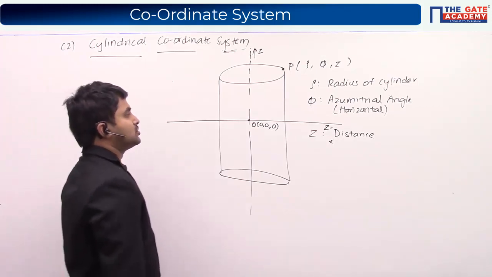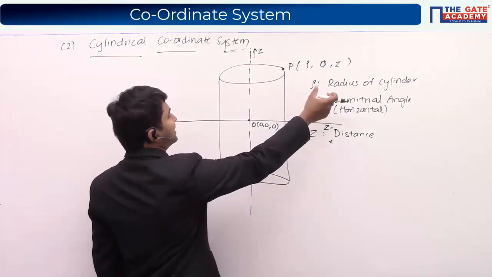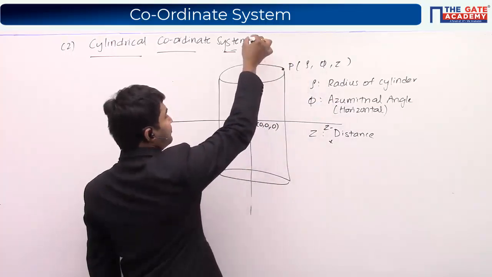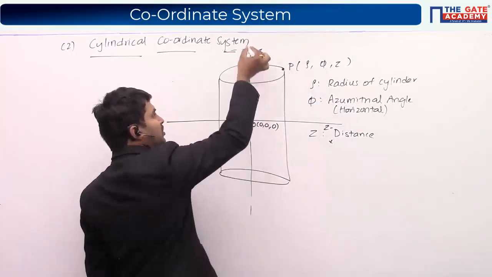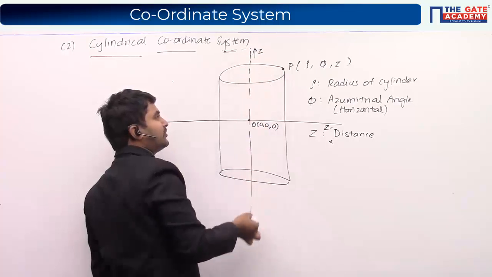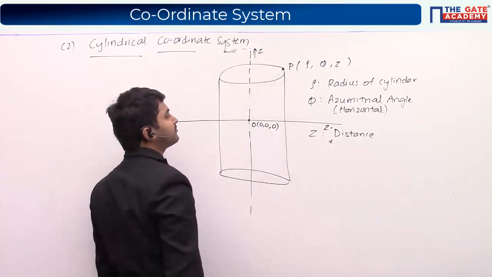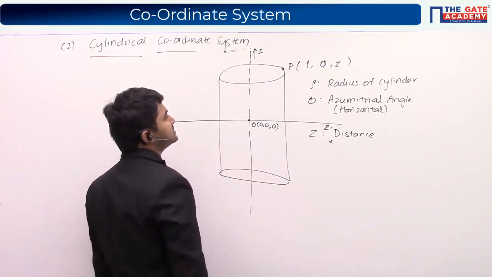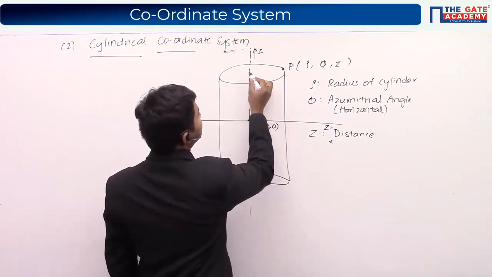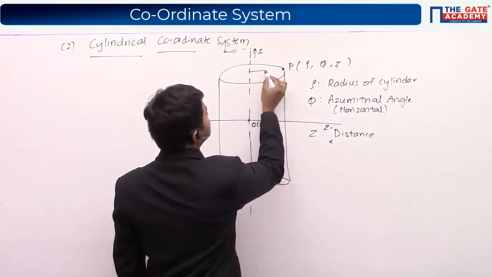Okay, we understand what a radius is, right? If this is the axis of the cylinder, the z-axis, then the radius is nothing but the distance from the axis to the point.